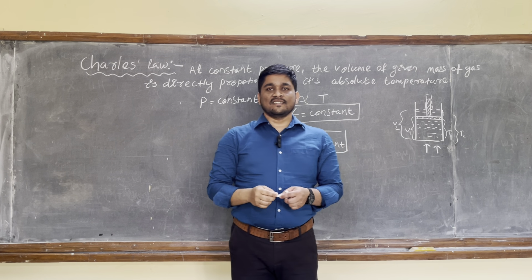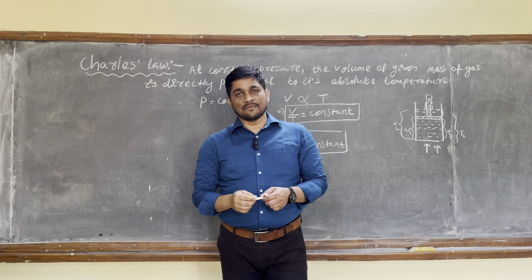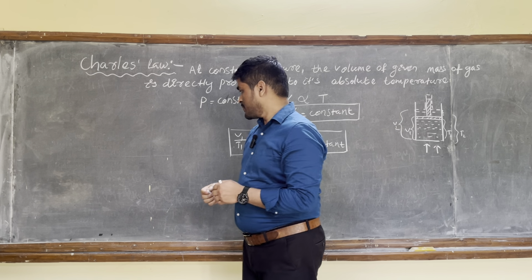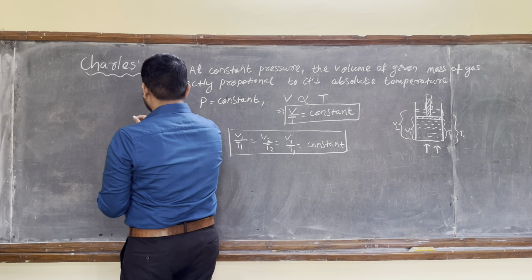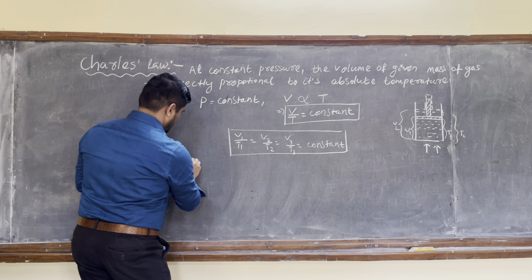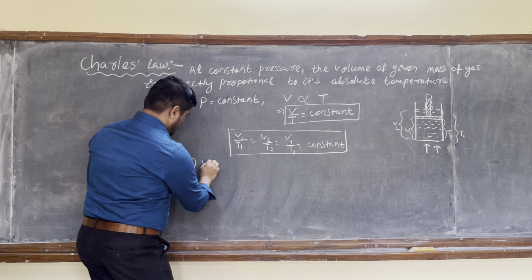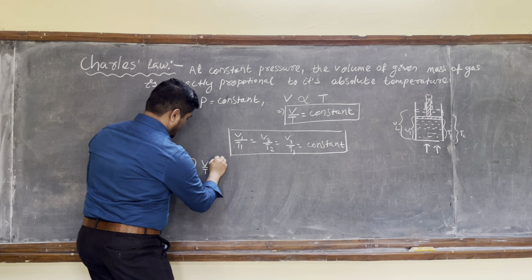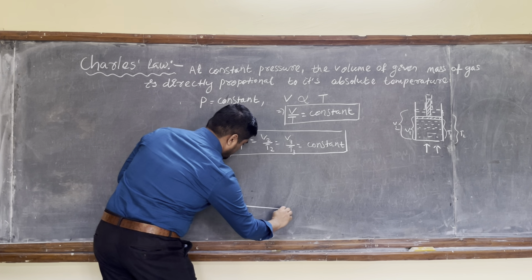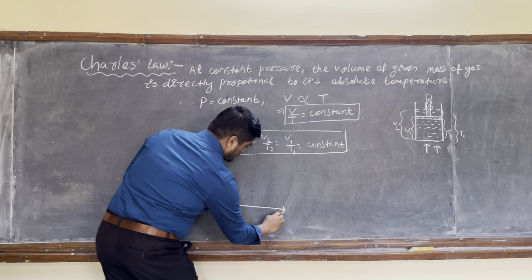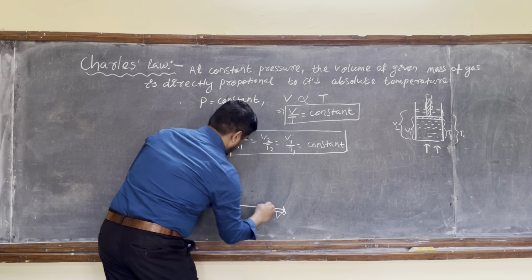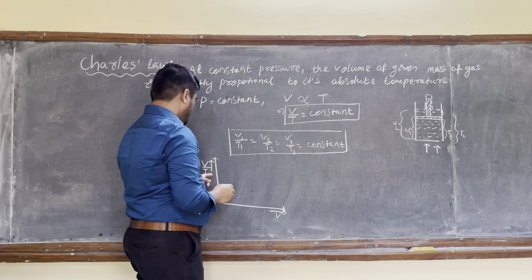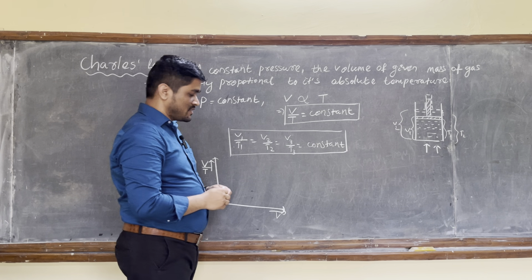Clear? And if you plot the graphs, the first graph is V divided by T versus volume, with volume along the x axis and the ratio of volume to temperature along the y axis.